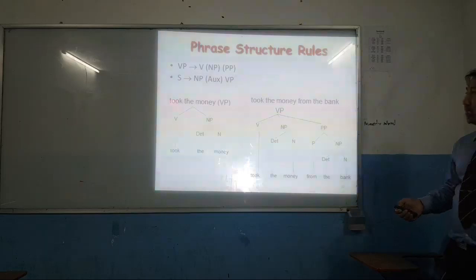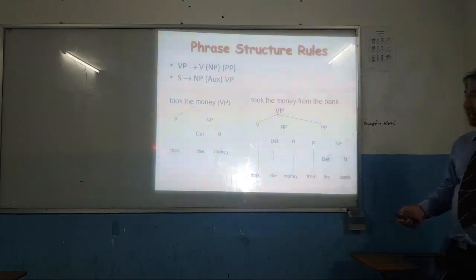You can look at the example: took the money. We have the determiner and noun. Money is a noun, so we should have these two forming a noun phrase here.